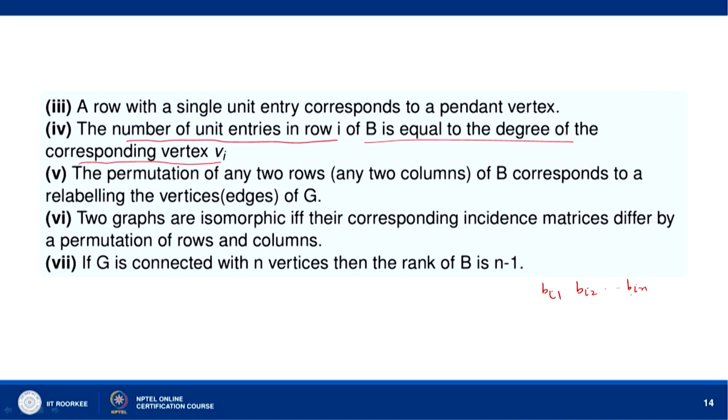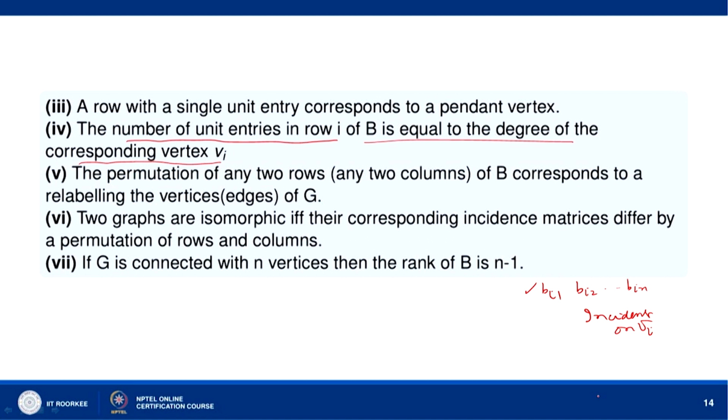The number of unit entries in the ith row will tell us the number of edges that are incident on Vi.